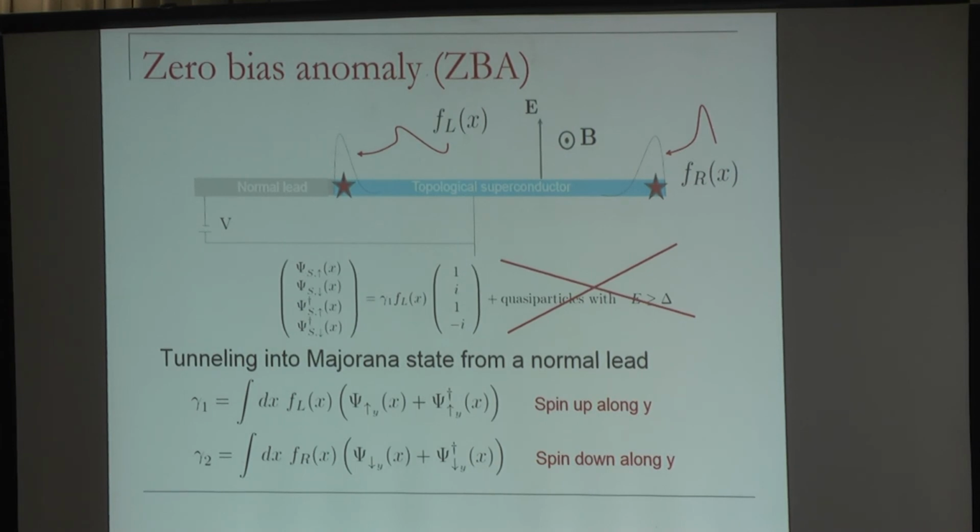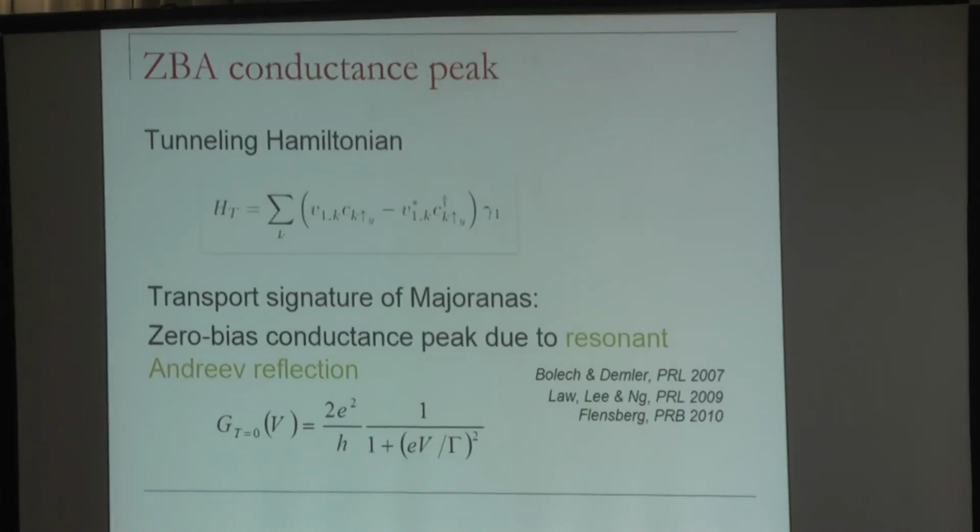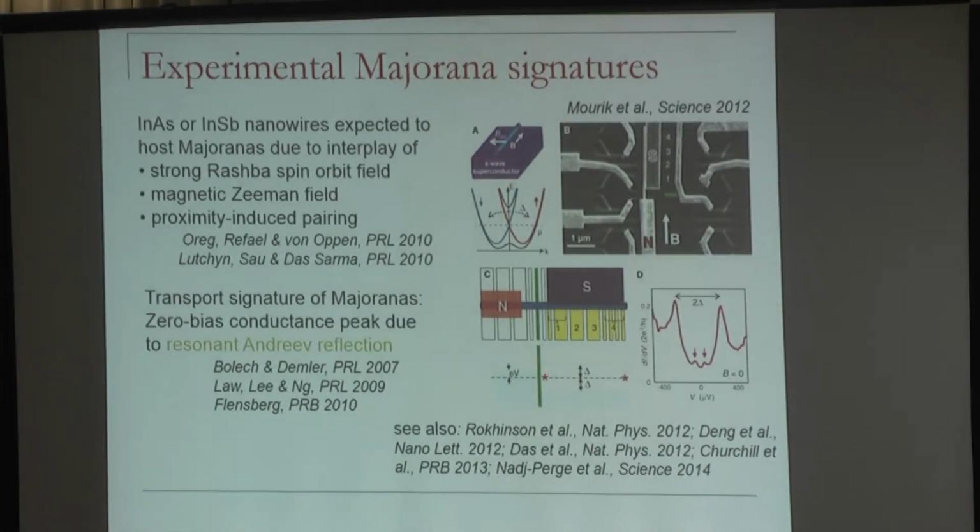Because of this 2e being transferred in a step, you get conductance 2e²/h in Andreev reflection. And that's a conductance peak or zero bias anomaly in the sense that there is a definite peak in here.